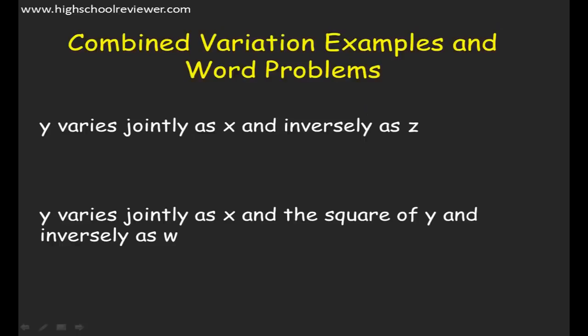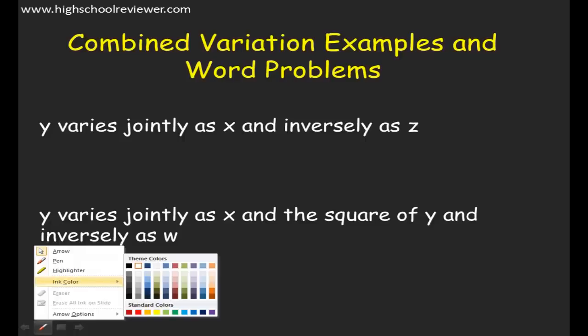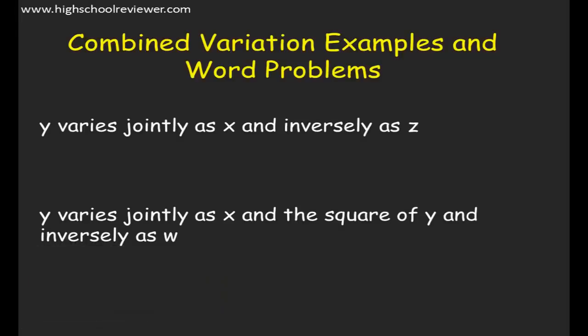Now, let us translate the English statements into mathematical equations. Number 1, y varies jointly as x and inversely as z. Now, we will know that this is a combined variation because we have here varies jointly and inversely. So the first variable here, y.